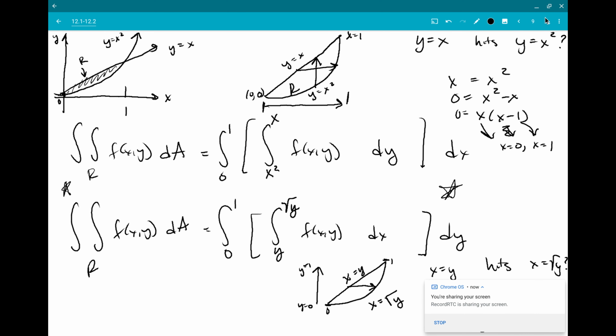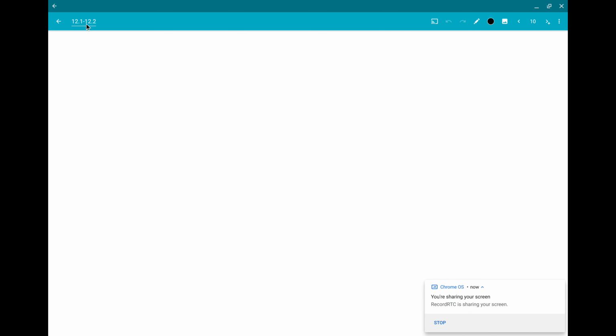All right, so let's set up another example. This one's going to be a little different. We're going to take one where we're given our bounds of integration and we have to solve it.